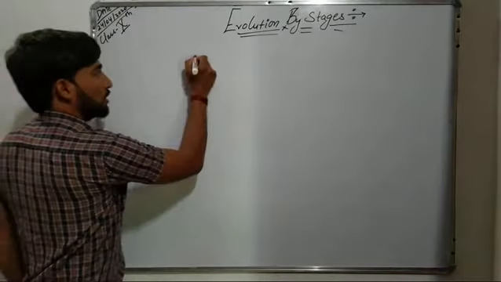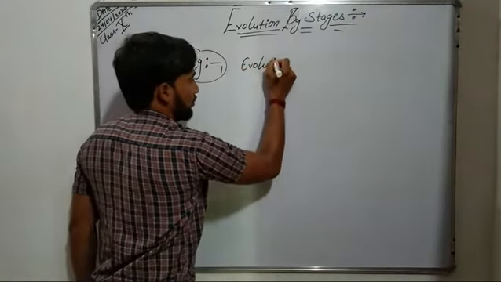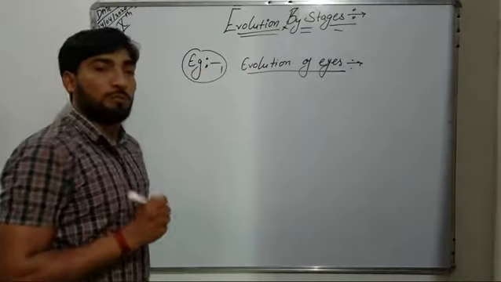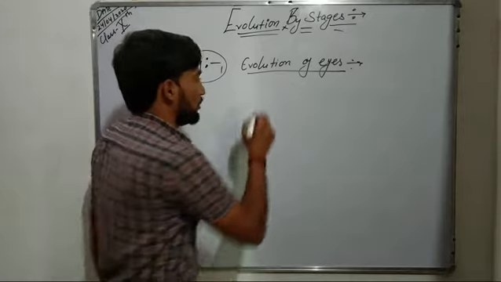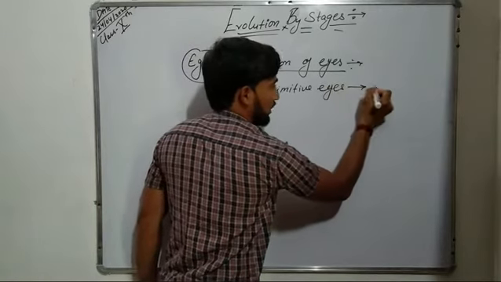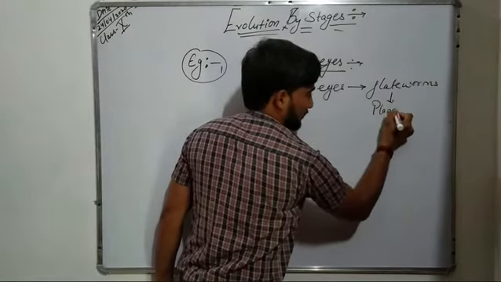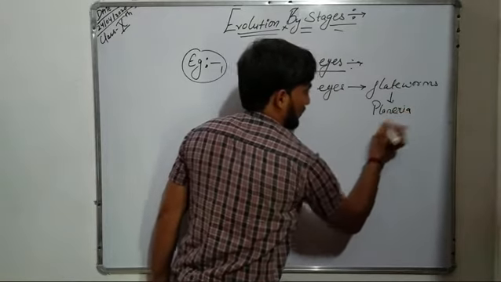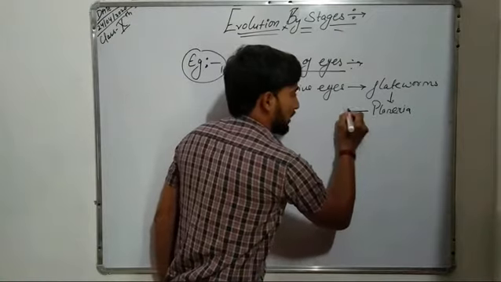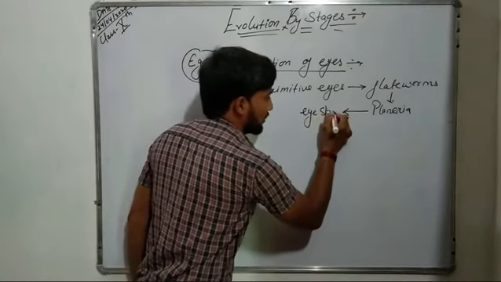For example, if we take the example of the evolution of eyes, the most primitive or the oldest type of eyes were found in flatworms such as planaria, and in these planaria these eyes were present in the form of eye spots.